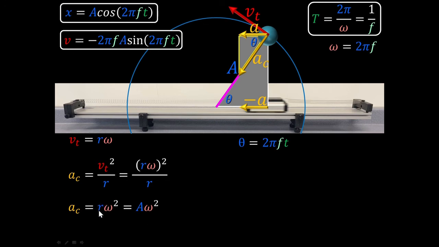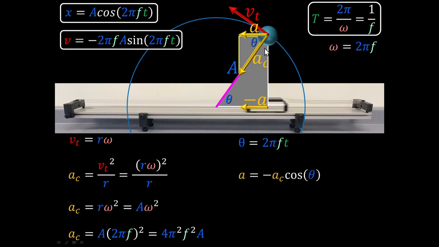And the other thing is we're remembering that the radius is the same thing as the amplitude. So 2 pi f is our angular velocity, but it gets squared. Everything in there gets squared. So we get 2 squared, pi squared, frequency squared, and then we're still left with the amplitude.